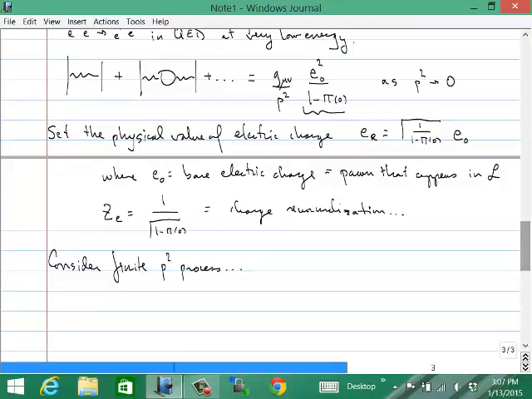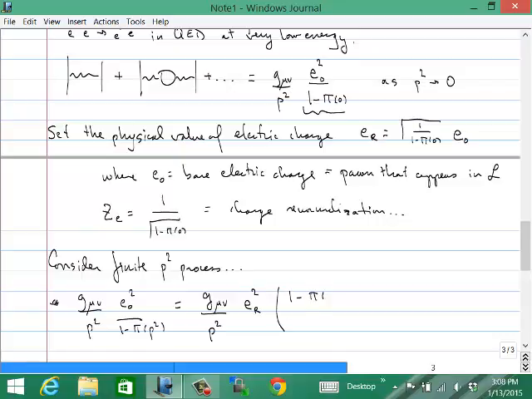In some finite energy process, the contribution to the scattering amplitude that you get would be proportional to g mu nu over p squared times E naught squared over 1 minus pi of p squared. Or if you want to write that in terms of the renormalized electric charge, it would be E renormalized squared times 1 minus pi of 0 over 1 minus pi of p squared.